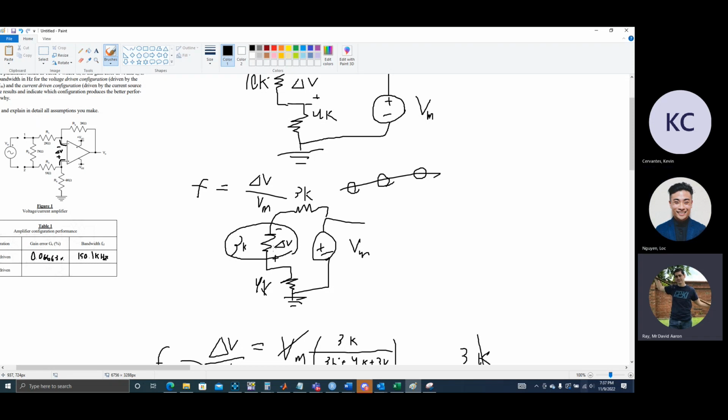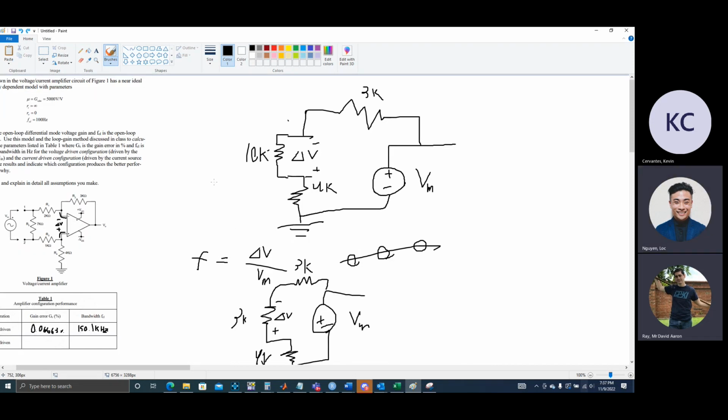And so this time the only difference is that we're now including the 7K in our calculation. That 7K is now 3 resistors in series instead of 2 resistors in series. And so then you're just able to add those 3 resistors together to get a 10K.